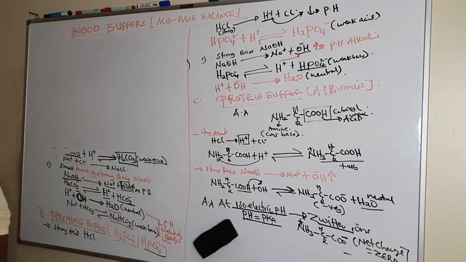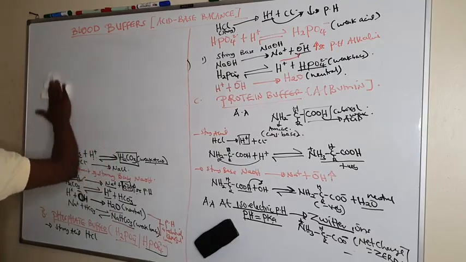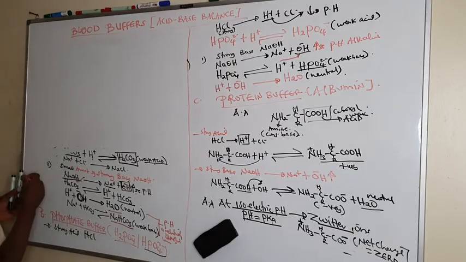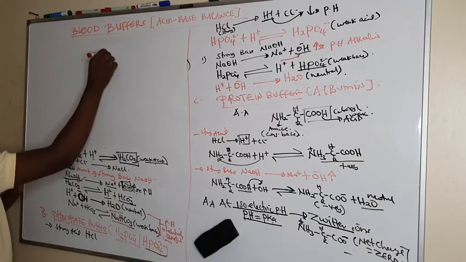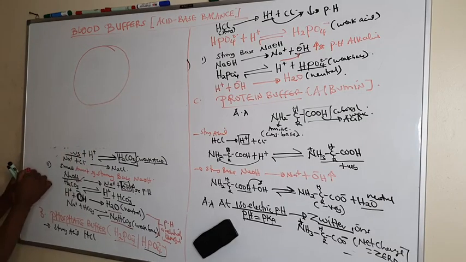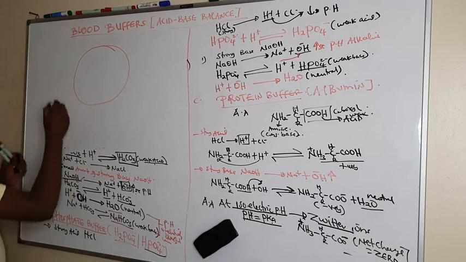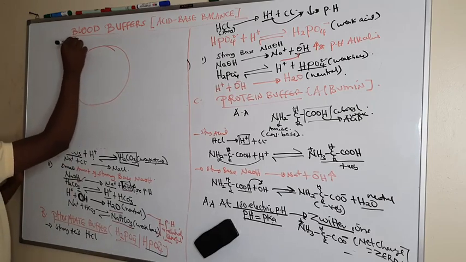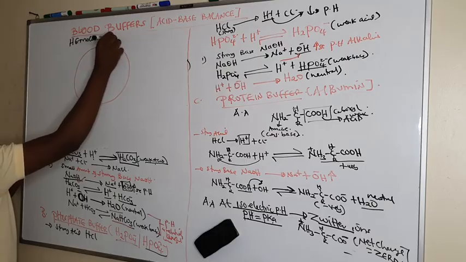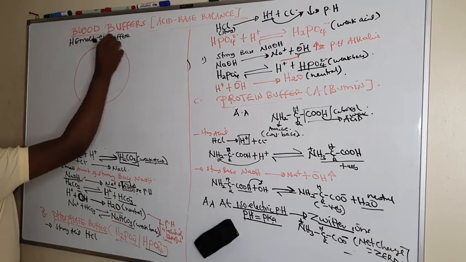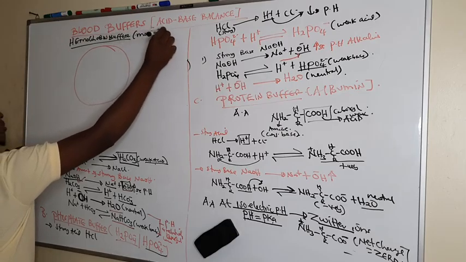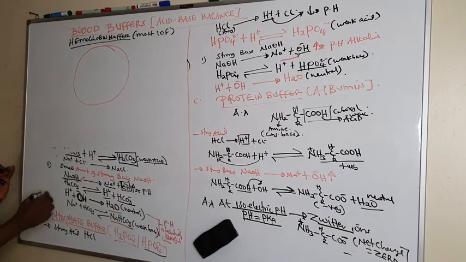So I want to look at in a few minutes. And if I can draw a red cell, so this is a red cell, and here we are looking at the hemoglobin buffer, which is the most abundant intracellular fluid buffer found in red cells.